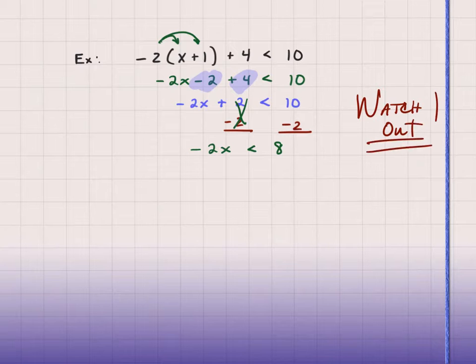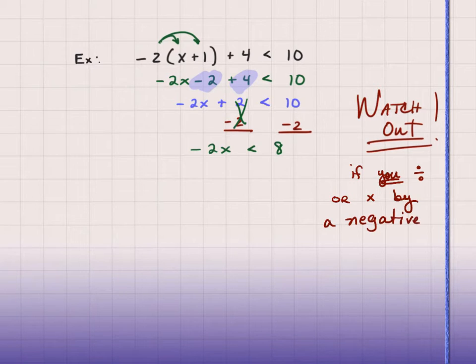Anytime when you're solving inequalities, if you ever have to divide or multiply by a negative number while you're solving it, you must flip the inequality symbol.